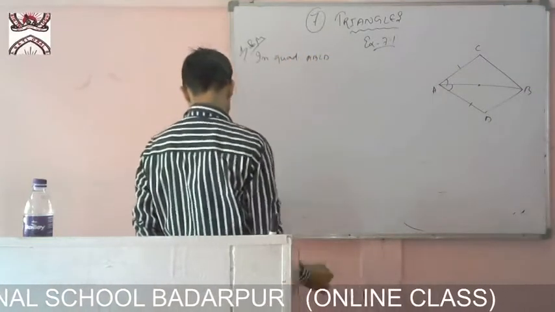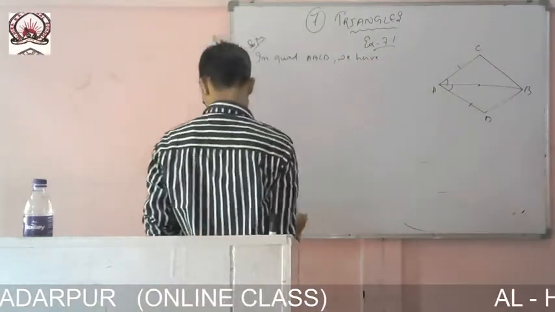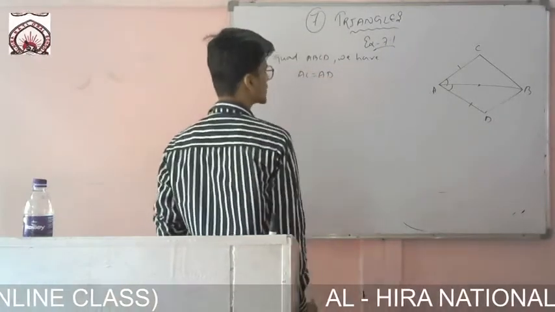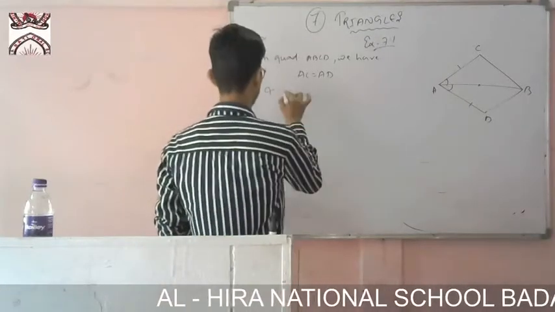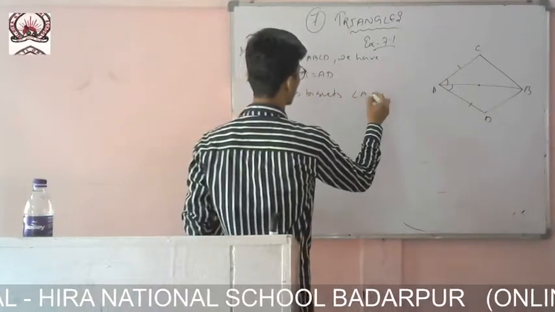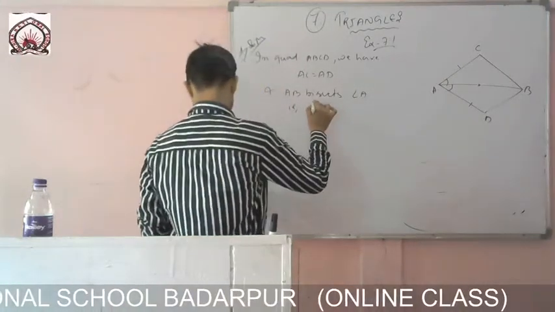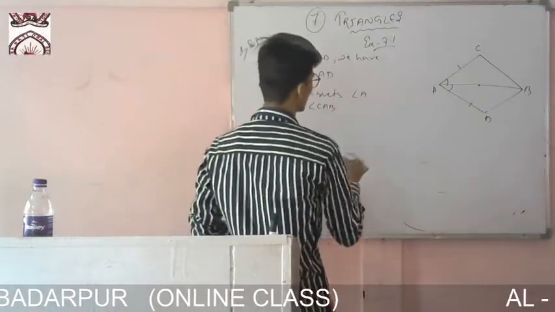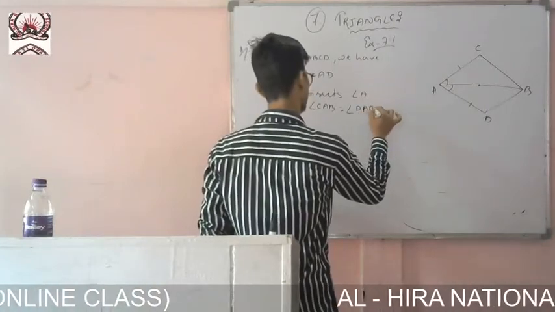In quadrilateral ABCD, we have AC is equal to AD, and AB bisects angle A, that is angle CAB will be equal to angle DAB or BAD, whatever you write.